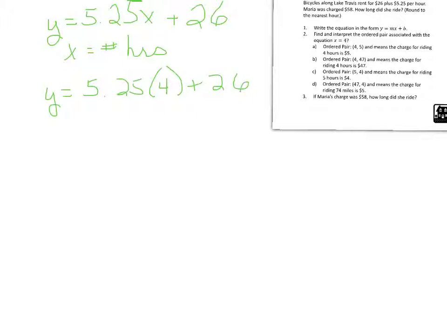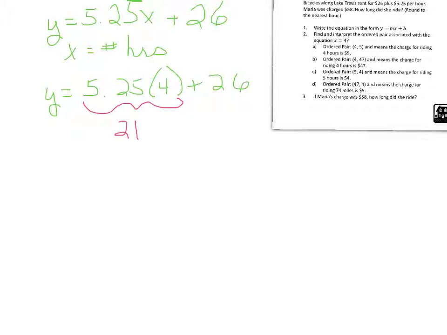So you can multiply 5.25 times 4 in your head, because if you have $5.25, that times 2 is $10.50, then another $5.25 is $15.75, and another one is $21. So $5.25 times 4 is $21.